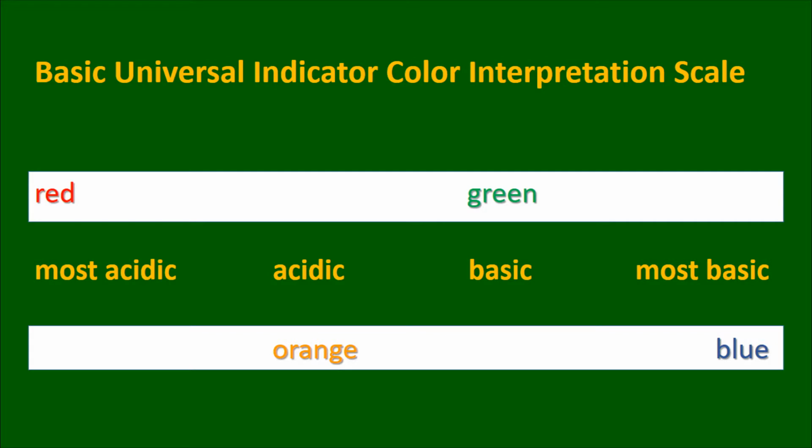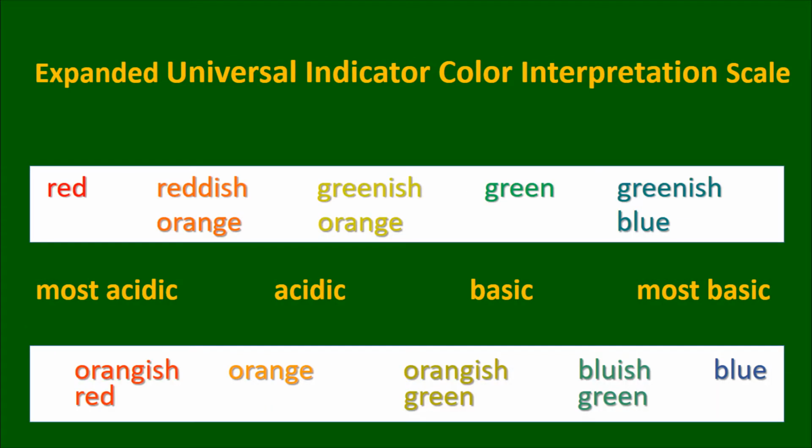The basic universal indicator color interpretation scale has 4 colors: red for most acidic, orange for acidic, green for basic, and blue for most basic. If you get a little bit more ambitious, you can use an expanded universal indicator color interpretation scale, where if a color is somewhere between red and orange, but more orange than red, we would call it reddish orange.